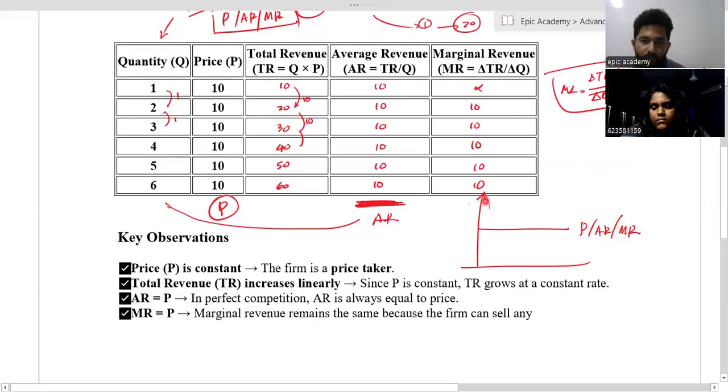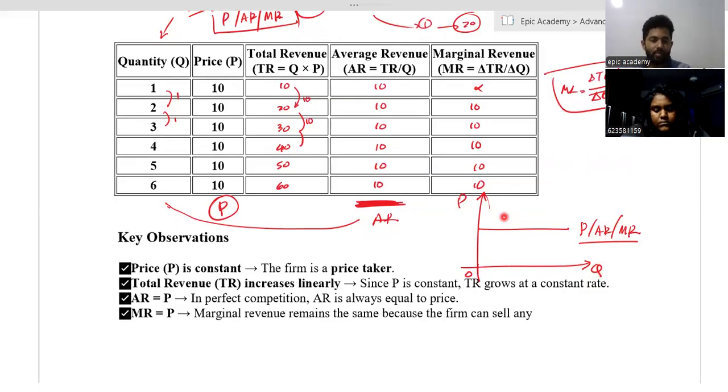So now you have to identify, no need to worry about the other curves because those are similar. When you are going to calculate profitability or profit maximizing activities related to the perfect competitive market structure, it is very easy to identify because price, AR, MR are equal. If the question gives MR values, you have to identify that there is no need to worry about P and AR; they must also be similar.